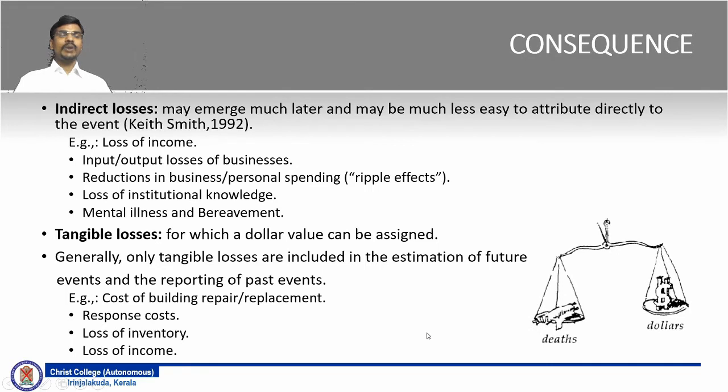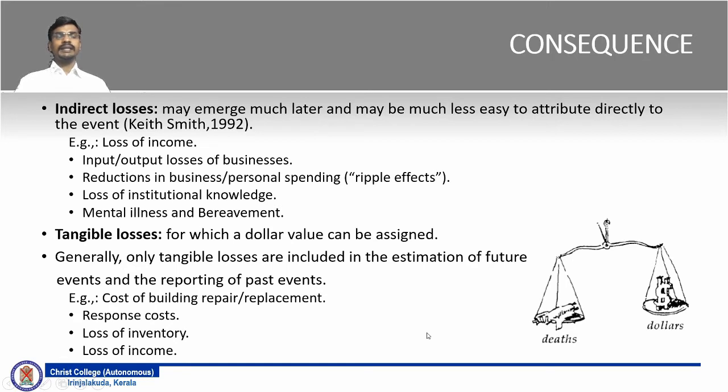The indirect losses generally emerge much later and may be much less easy to attribute directly to the event. For example, loss of income due to a hazard or a disaster, input or output losses of business, reductions in business or personal spending that are basically ripple effects, loss of institutional knowledge, mental illness and bereavement.